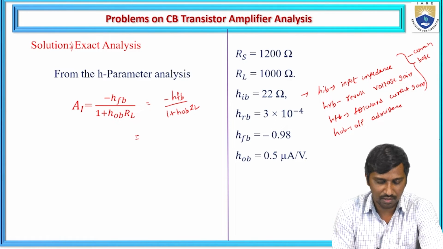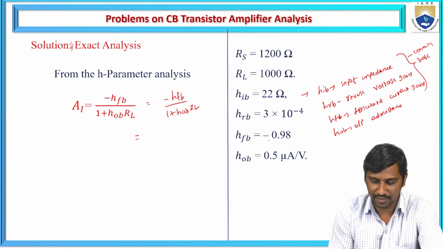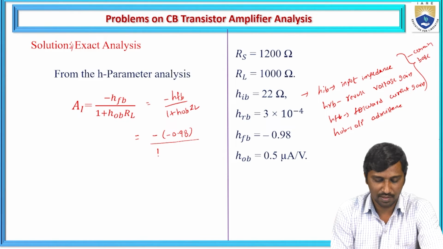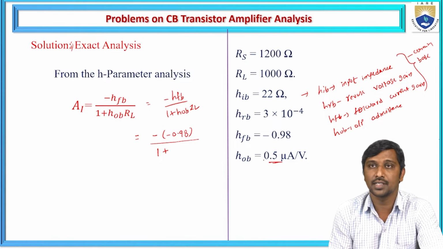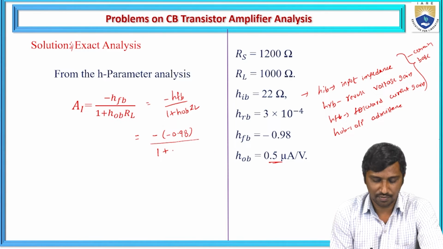Based on this, HFB is given as minus 0.98, hence this is minus of minus 0.98 divided by 1 plus HOB, which is 0.5 microamperes, meaning 0.5 into 10 to the power of minus 6, along with the load impedance RL of 1000 ohms.